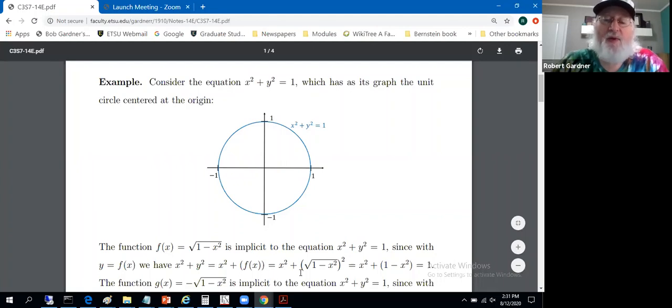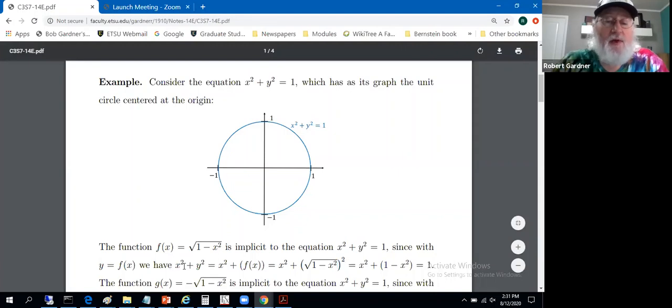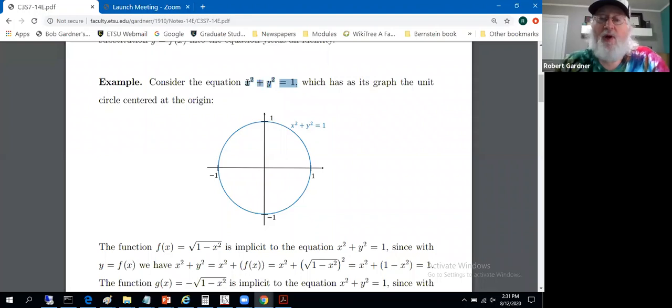We get x squared plus square root of 1 minus x squared, here's my exponent, squared, which is x squared plus 1 minus x squared. The x squareds cancel, you're left with 1, and we get x squared plus y squared equals 1. So upon substituting in y equals f of x, we get this equation to hold. Therefore, that function f of x is a function implicit to this equation.